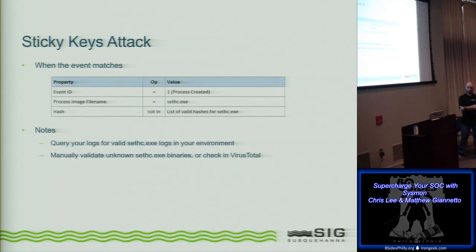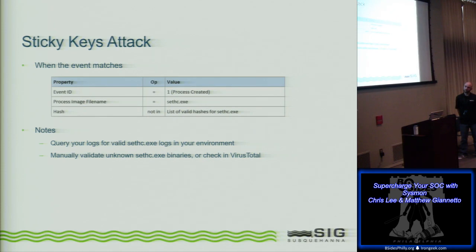Sticky key attacks. So the concept here is, if I want to get persistence on a system, if you're not familiar with the attack, if you hit shift 5 times, it'll run an accessibility executable that'll pop up on the screen. That's just calling sethc.exe.